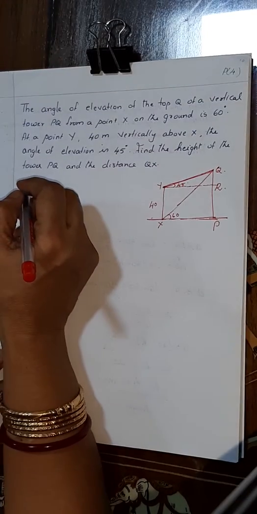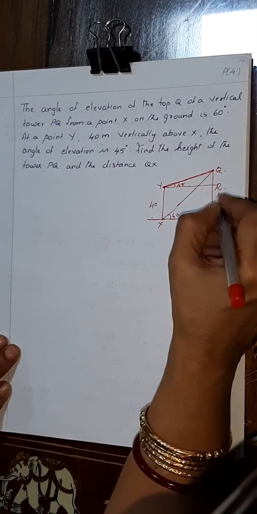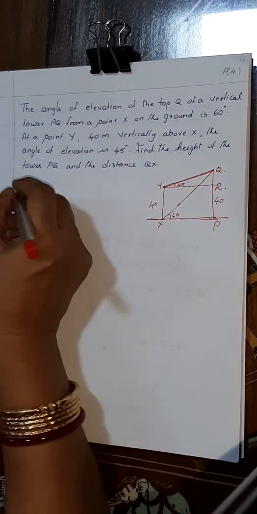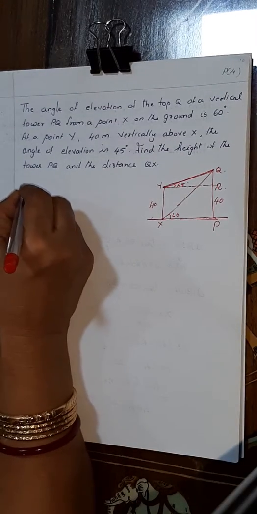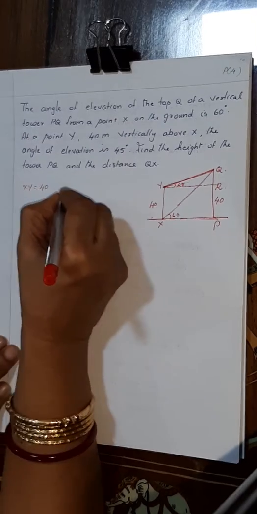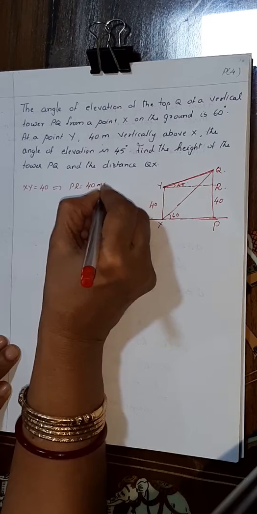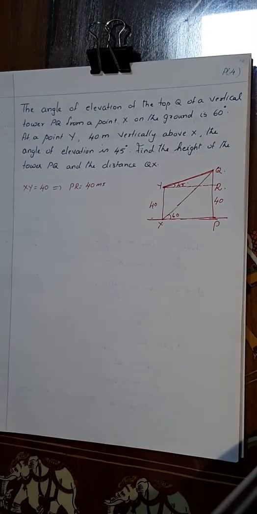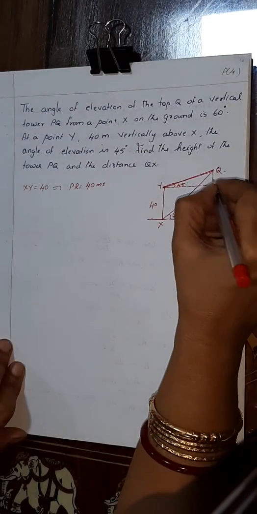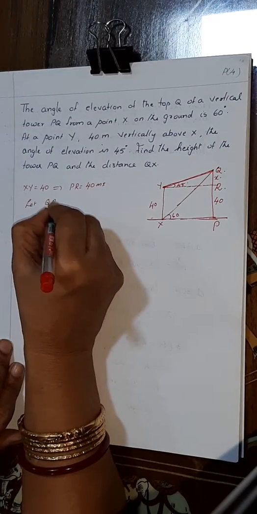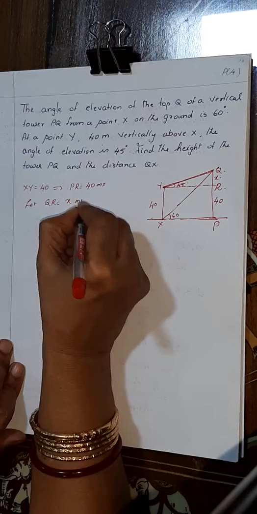So, XY is 40, therefore PR is also equal to 40 meters. Let QR be equal to x meters.